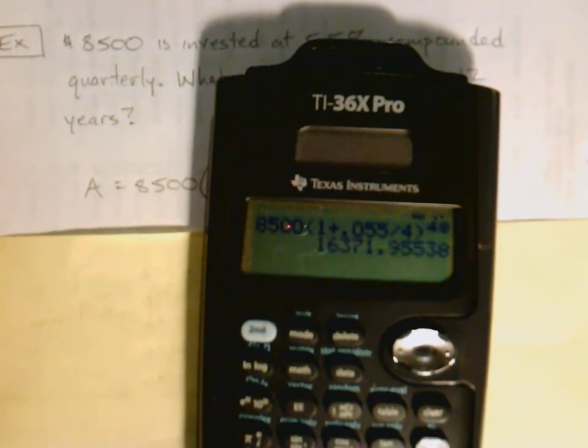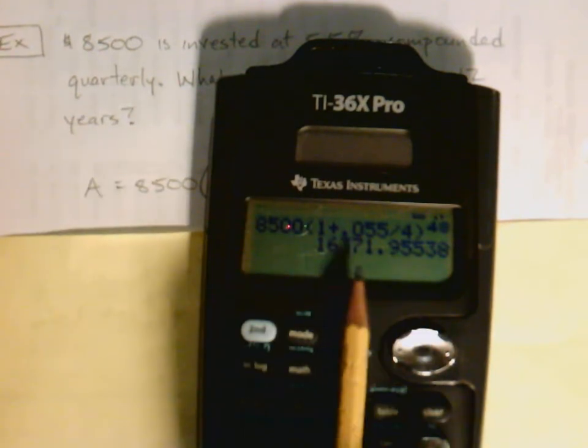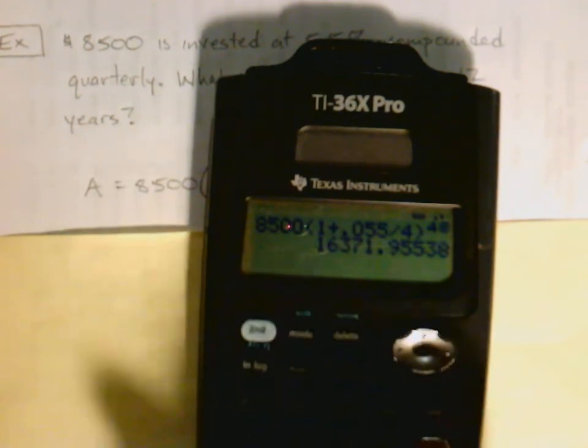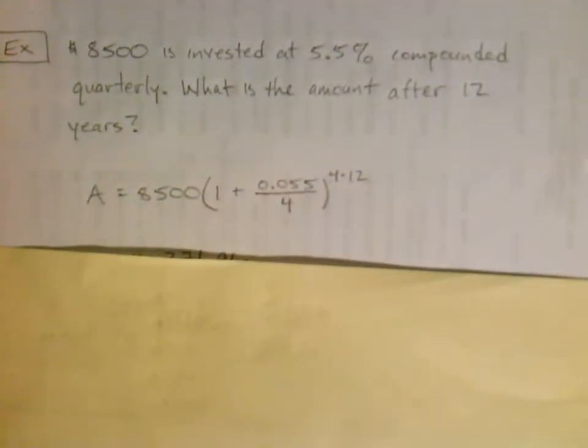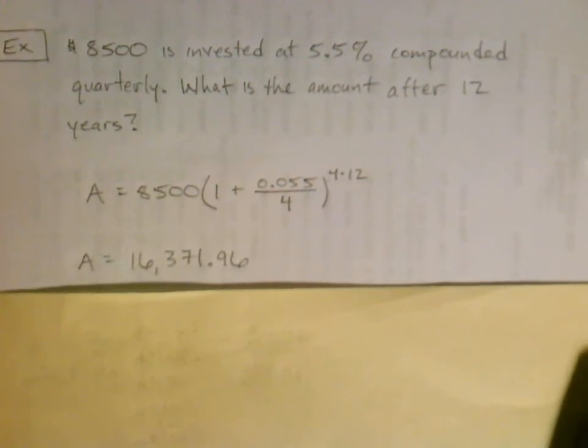And I'll just hit enter and do that whole thing. And I got 16,371.955. Okay. This is going to be a dollar amount, so I'm going to round that to the nearest cent. And I'm going to write this: 16,371.96 when I round up that penny.